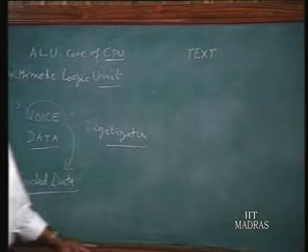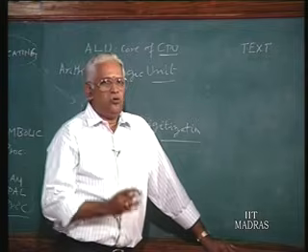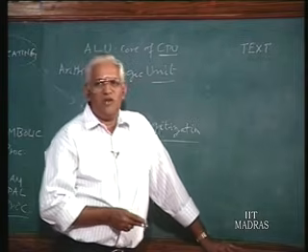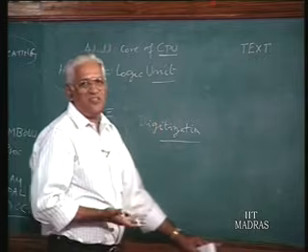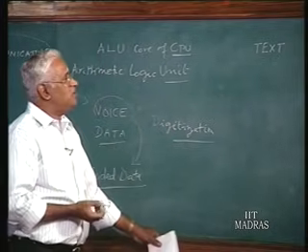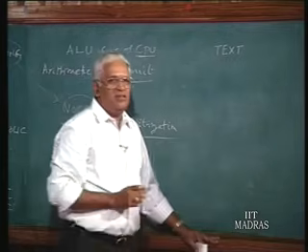So, I can say that each one is a part of text. So, first it was numeric or number processing, then it came out as text processing, good, and then after text, what else?